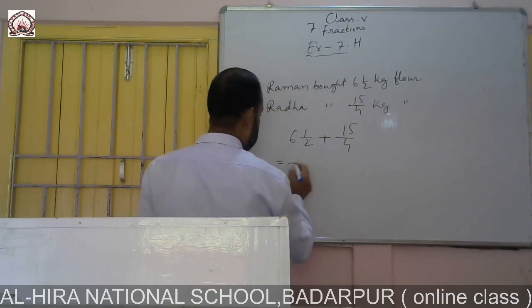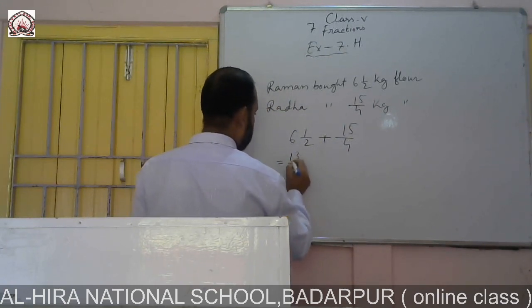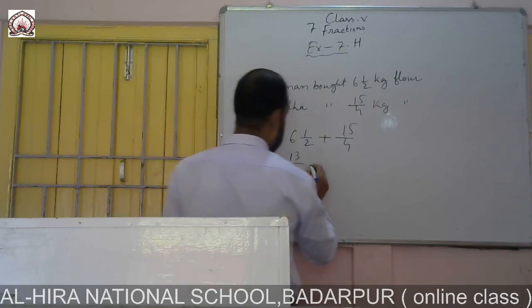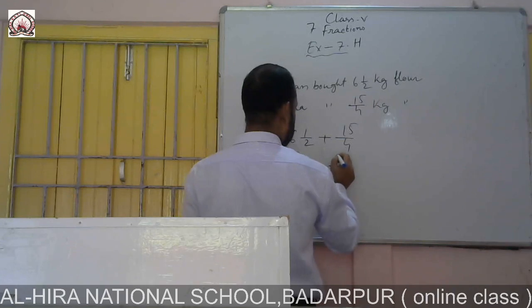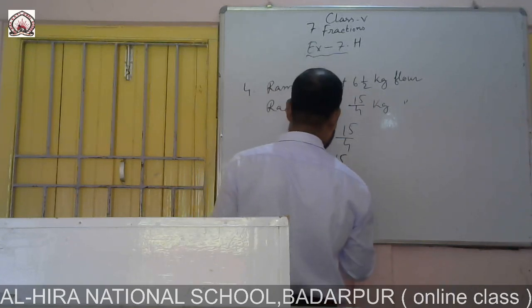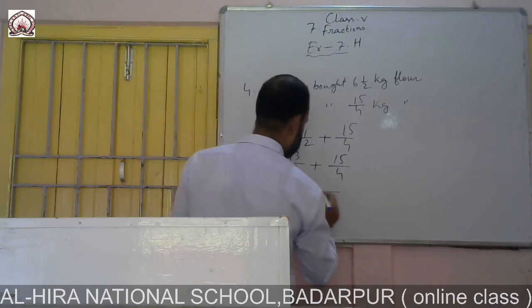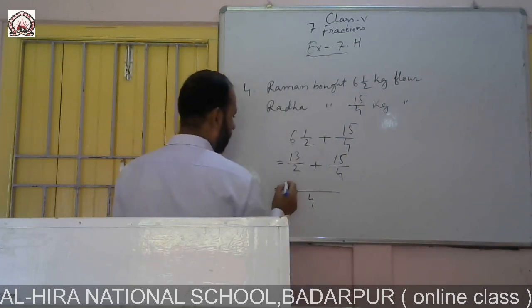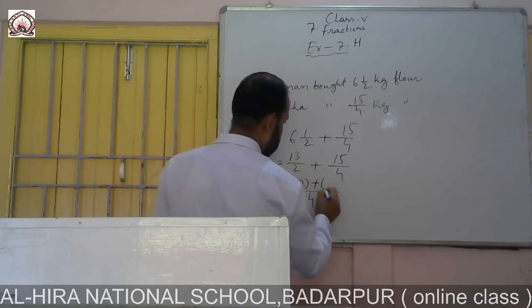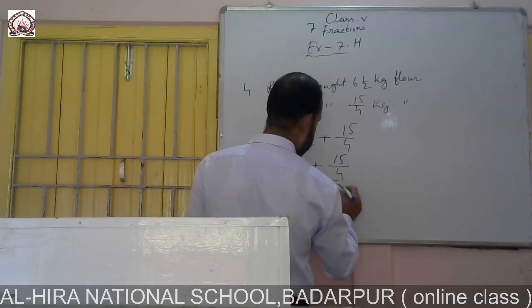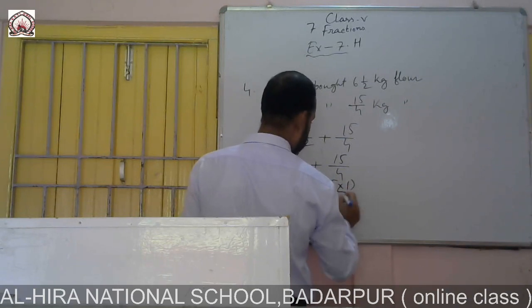So we do 6 2s are 12 plus 1, 13 by 2, plus 15 by 4. So the LCM is 4. 13 into 2 plus 15 into 1 is 4.